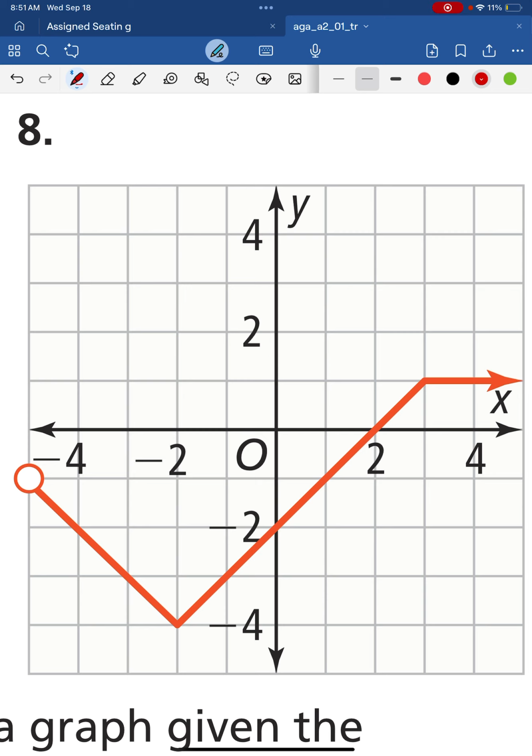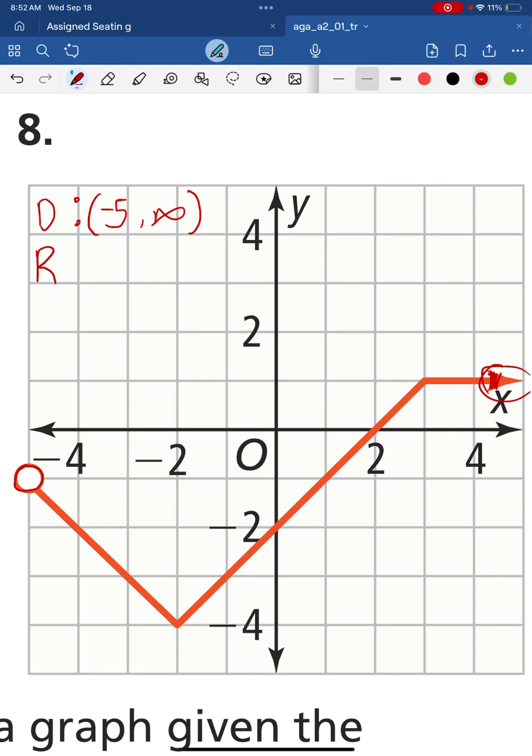My domain, my smallest x value is -5. My largest x value, because I have this arrow, I'm going to infinity. Because it's an open circle at -5, -5 is not included. And you know you can never include infinity.